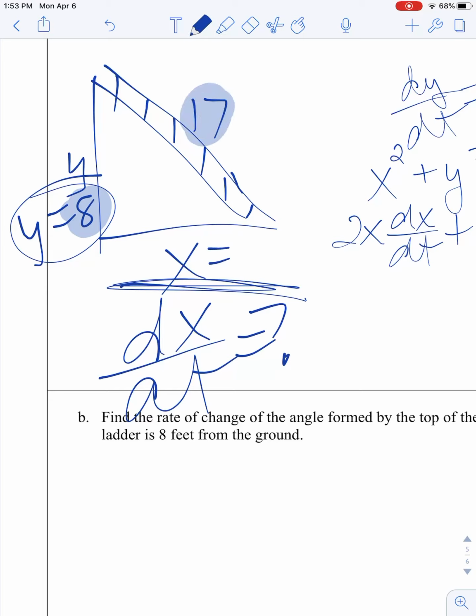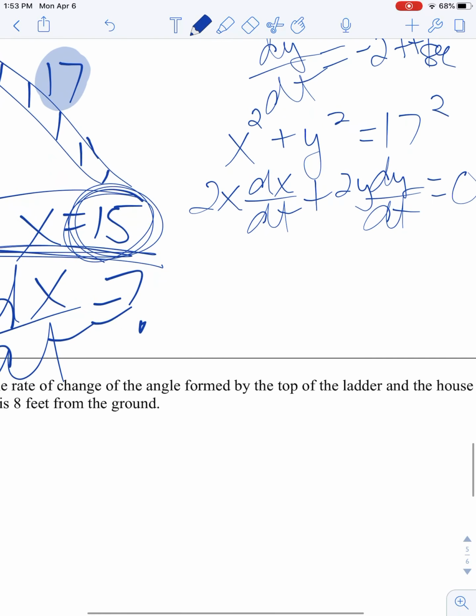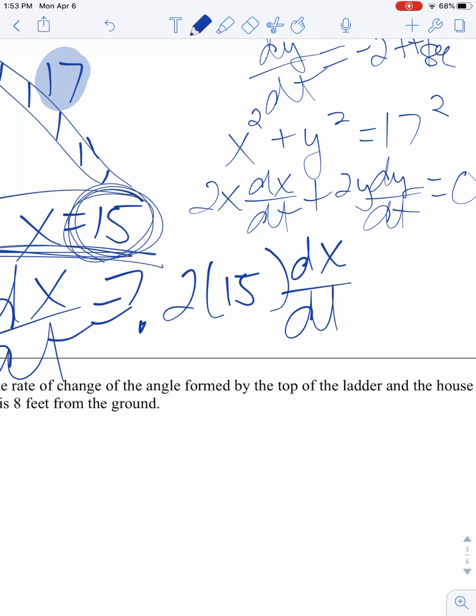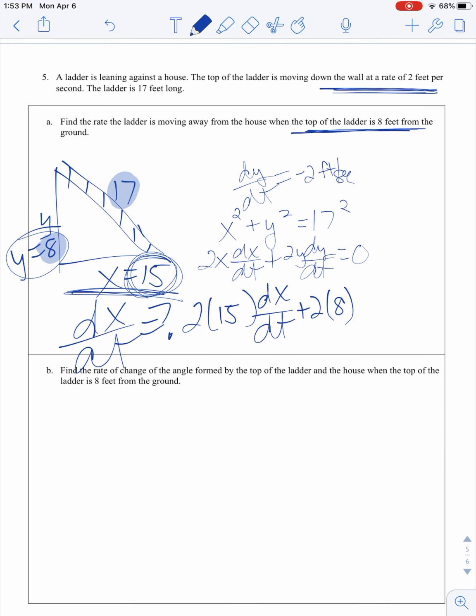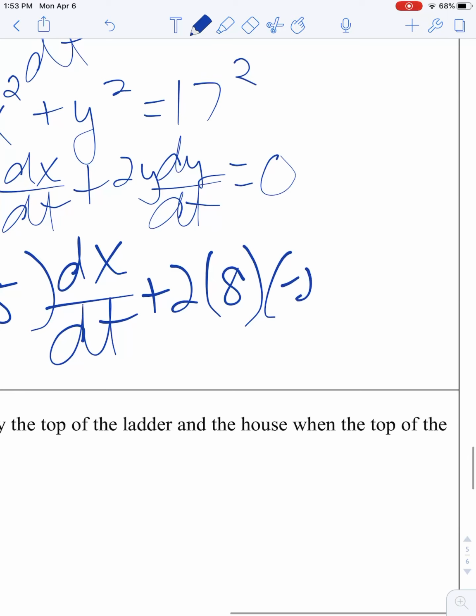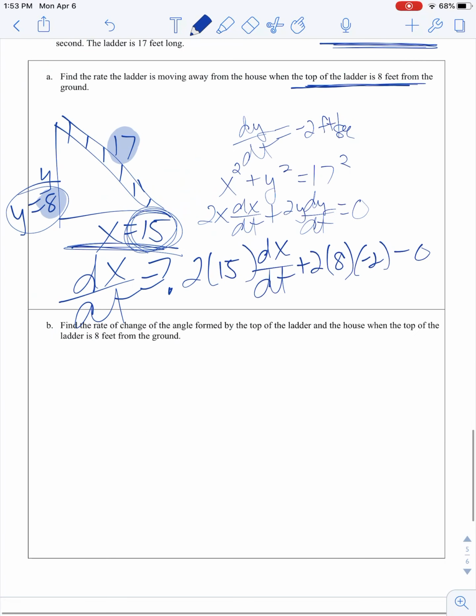You either do the Pythagorean theorem or hopefully you recognize that's a triple. So x is 15, dx/dt is what we're finding. y is 8, and then they tell us dy/dt, yeah, it was -2. Solve that and you get your answer, okay? You can check the answer key.